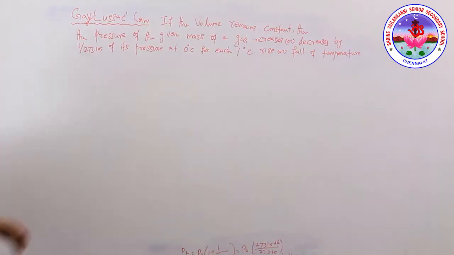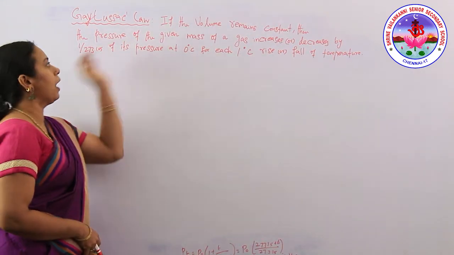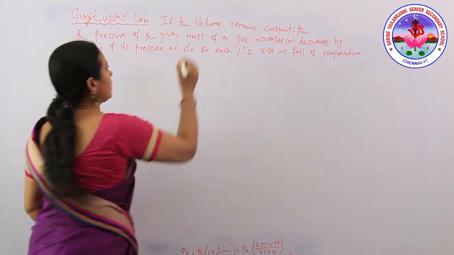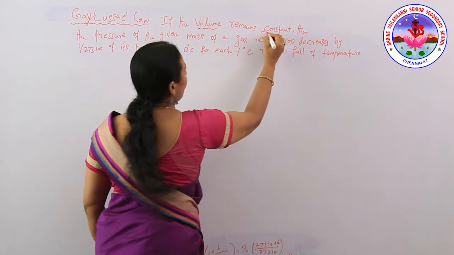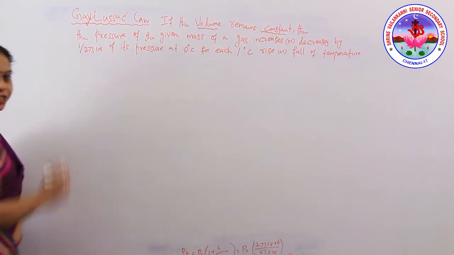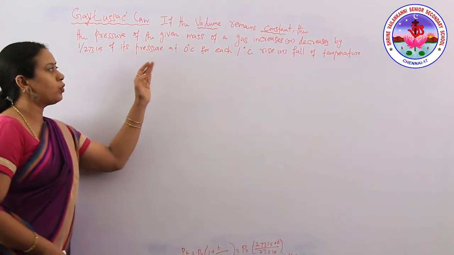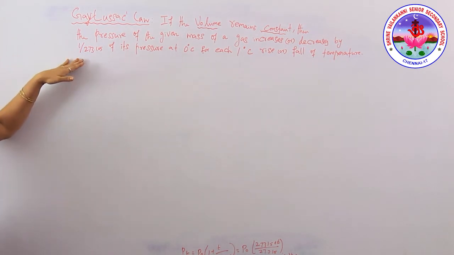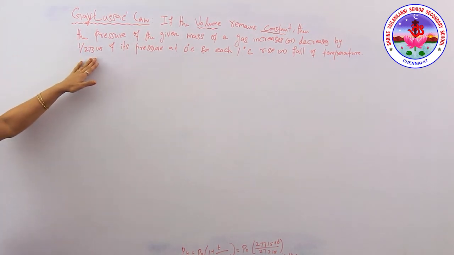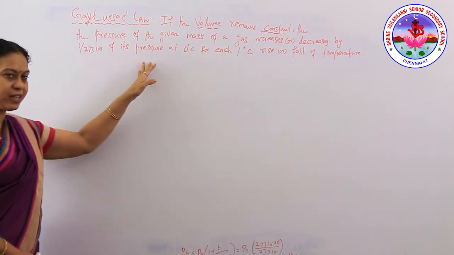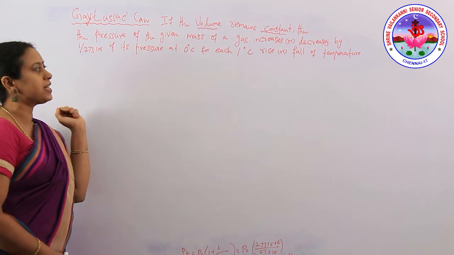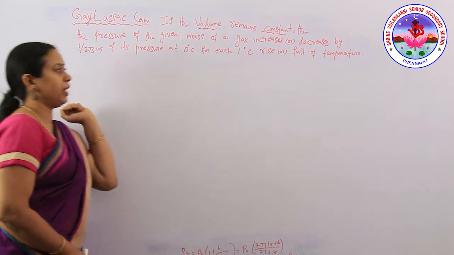Right? So the next one is Gay-Lussac's law. The statement says that if the volume remains constant, then the pressure of a given mass of a gas increases or decreases by 1 by 273.15 of its pressure at 0 degree Celsius for each 1 degree Celsius rise or fall of temperature.